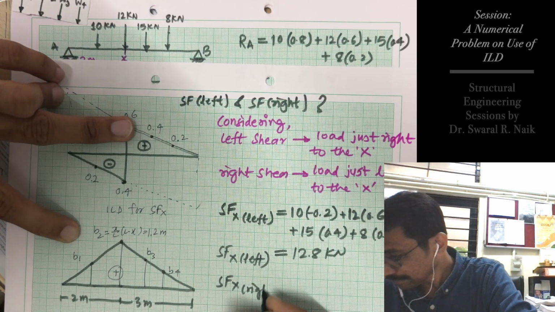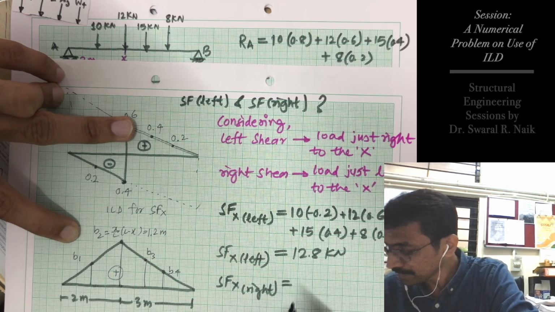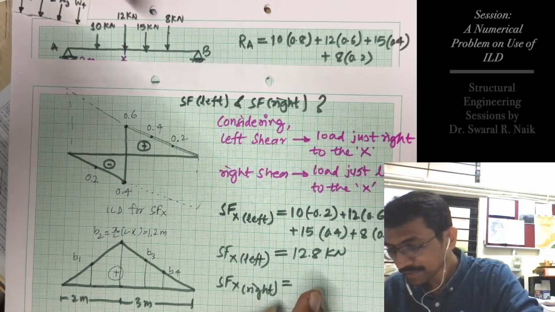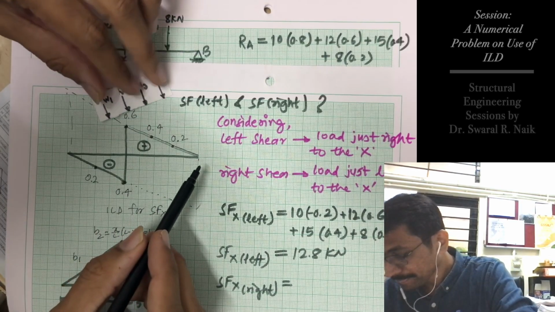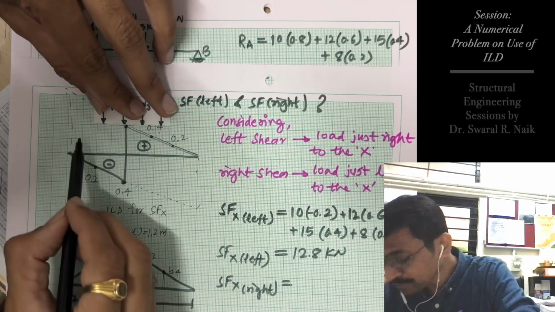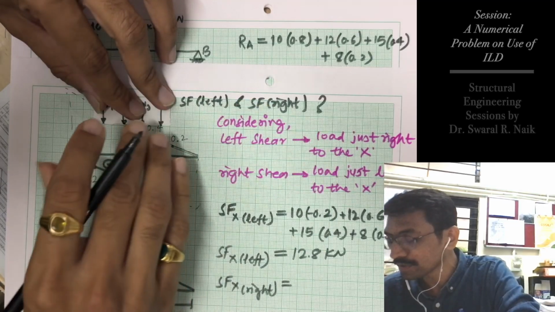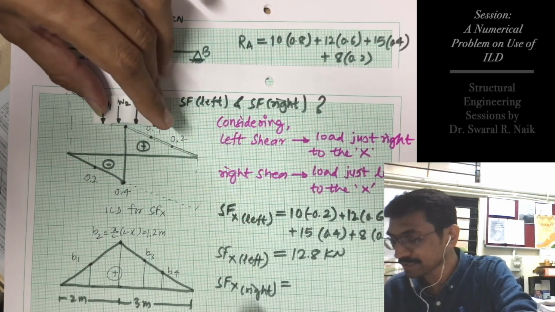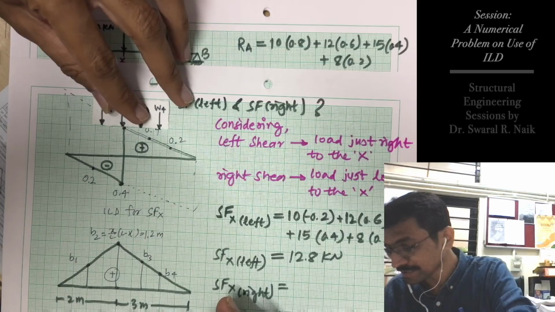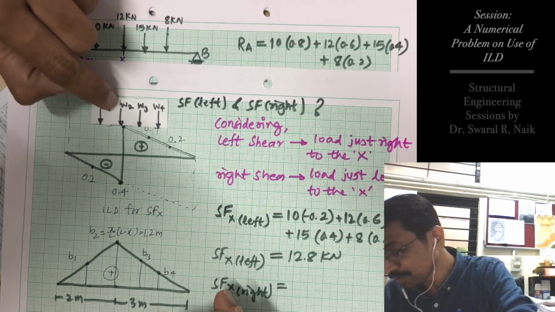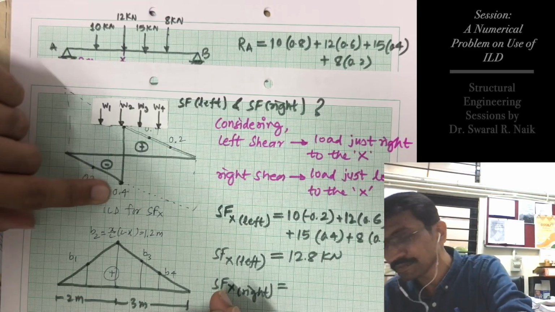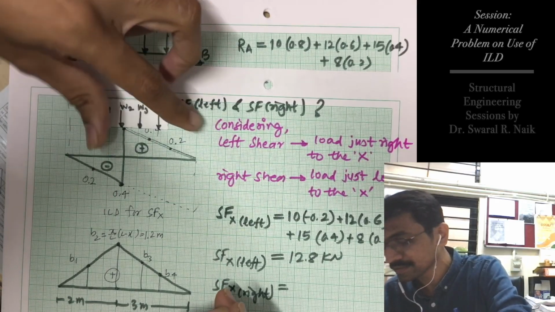Similarly, SFX right, it will be, now we are considering that our W2 load 12 kilonewton is just left to the section, so that we can calculate all the shear forces right side of the section, right? So when the position is like this, W1 into 0.2 minus, W2 will be on this side, so it will have this ordinate, and then the rest as it is.